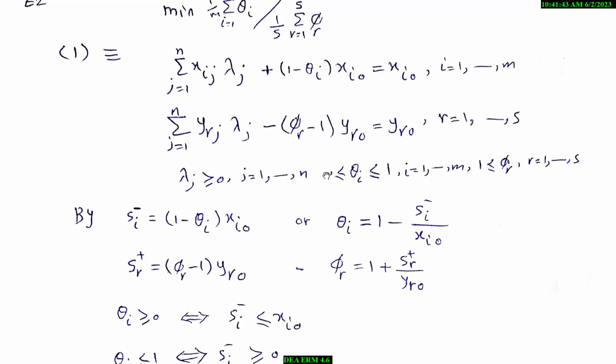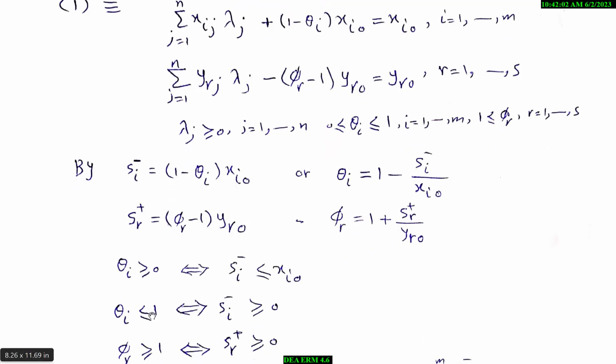Note that theta i bigger than or equal to 0 means from this that si minus is less than or equal to xio, and theta i less than or equal to 1 is equivalent to si minus bigger than or equal to 0 from this, and phi r is bigger than or equal to 1 if and only if sr plus is bigger than or equal to 0.